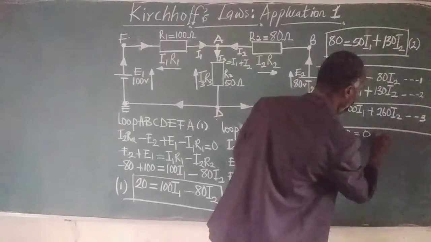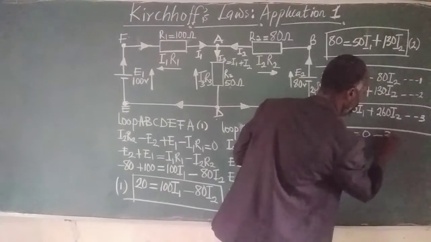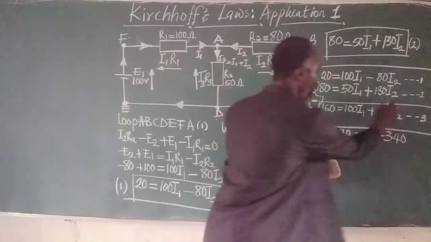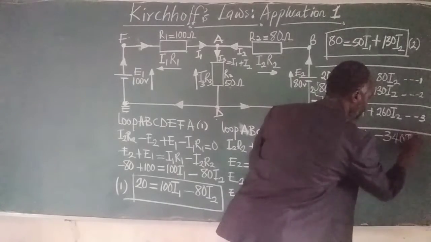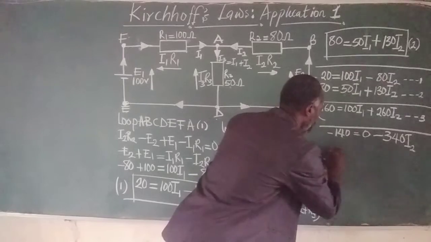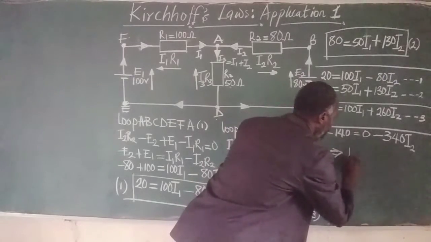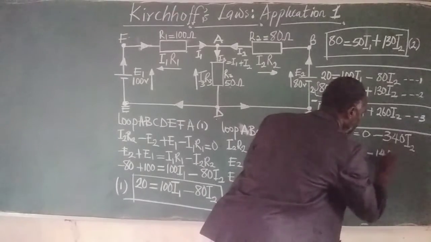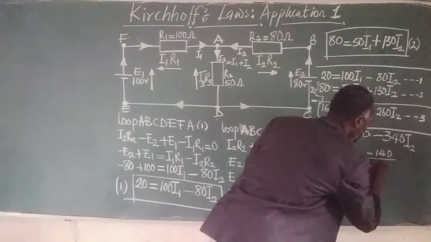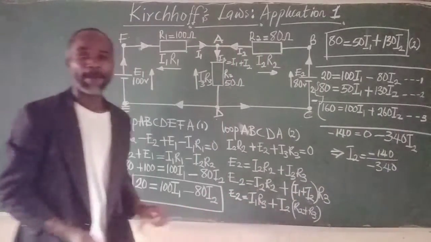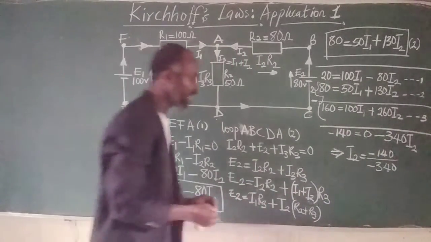And we have minus 340 I2. Remember we have I2, current 2. That's the one we are looking for. So quickly, it implies that current 2 is equal to minus 140 all over minus 340. Very clear.